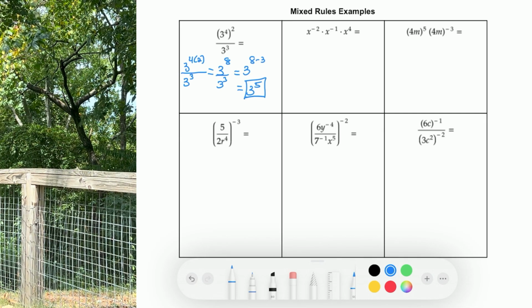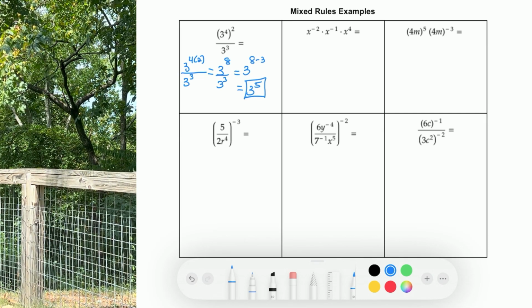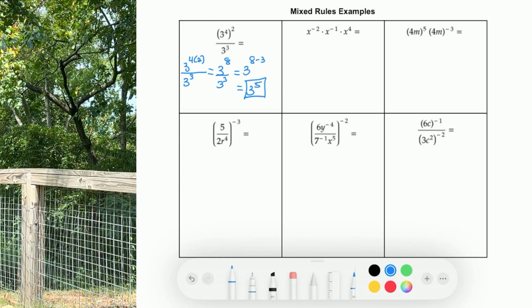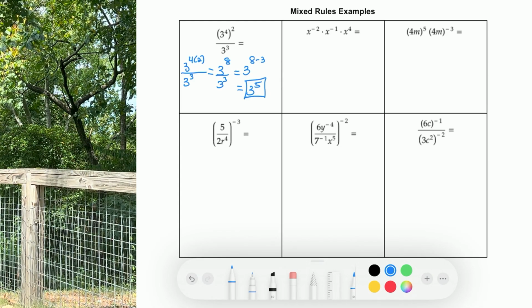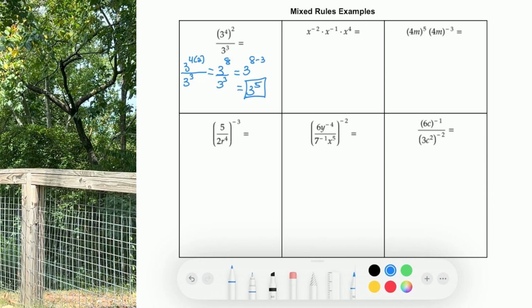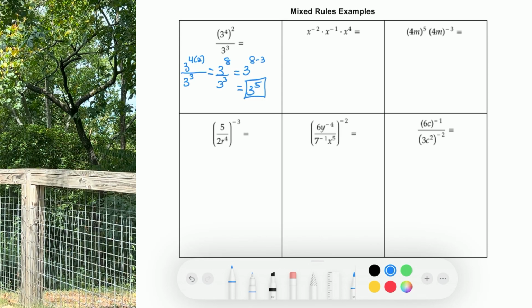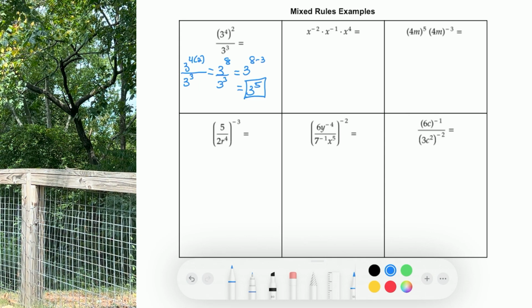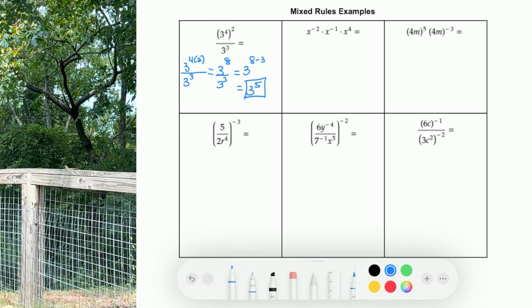The next one has x to the negative 2 times x to the negative 1 times x to the 4. The temptation with these is to go ahead and switch our x's with the negative exponents and into the reciprocals. But we don't want to do that yet because we may end up with positive exponents once we combine them with that 4. So let's do that first. Let's use our product rule first.